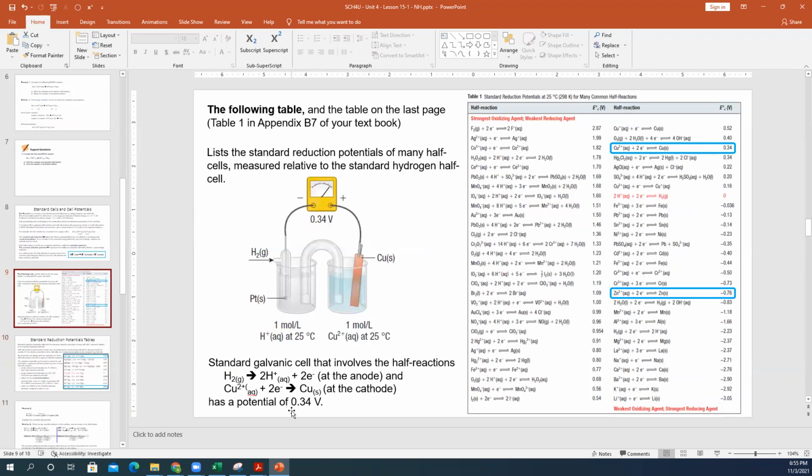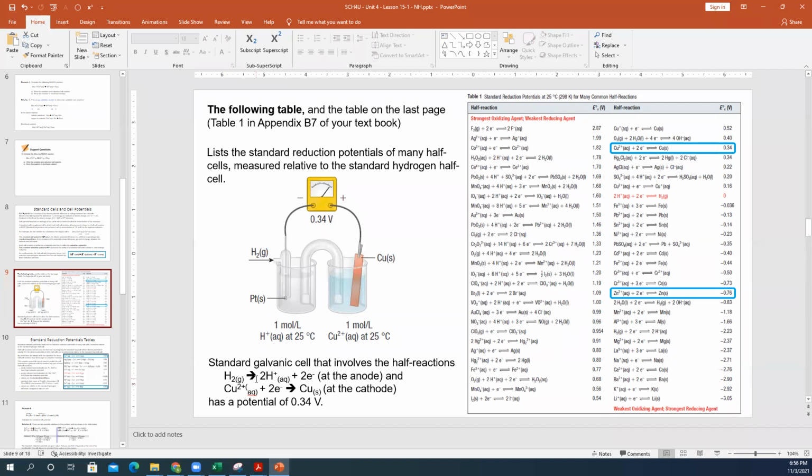Sorry, did I miss anything else here? Okay, so the other thing that I should point out is that in this standard galvanic cell, the half reaction for the hydrogen at the anode is written like this.